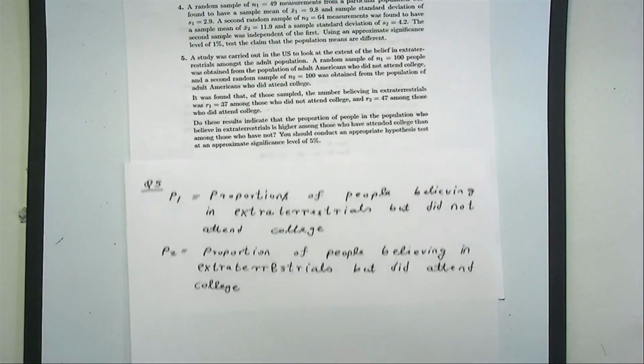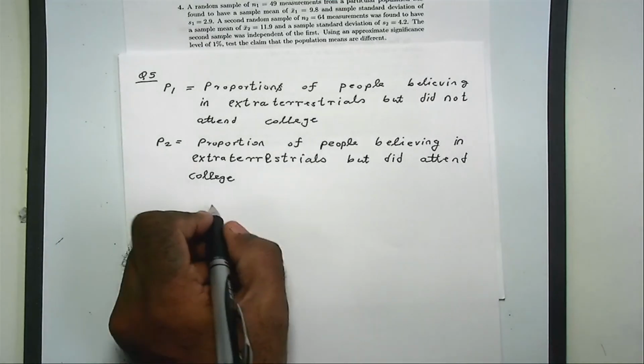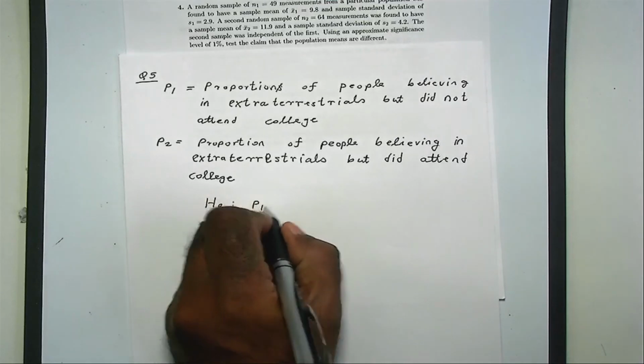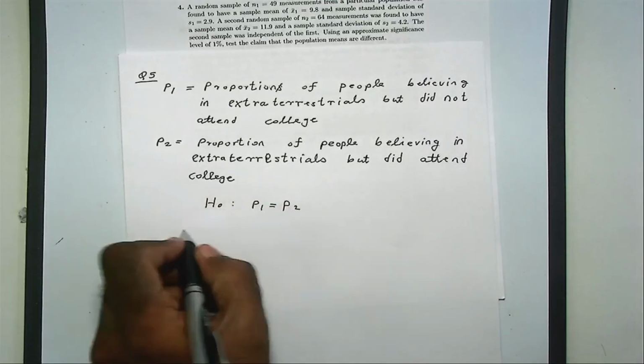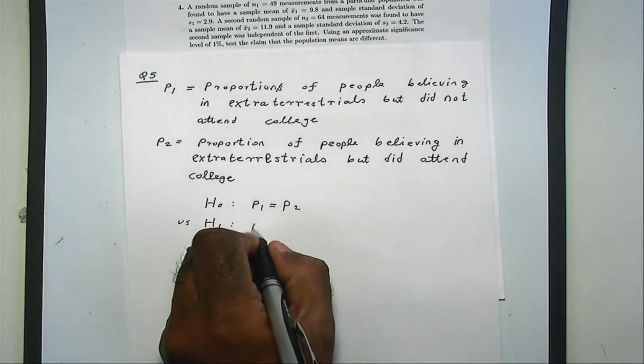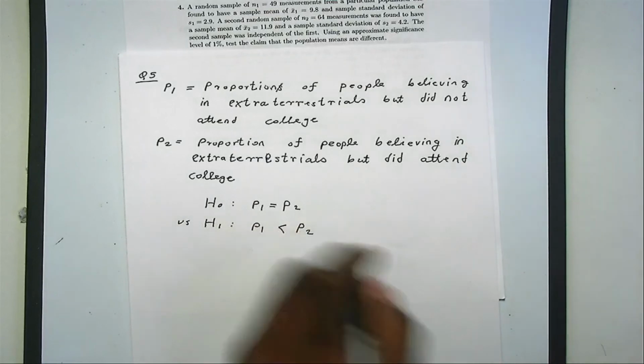If you read the full question, what we are trying to test is the following hypothesis. The null hypothesis is that the two proportions are equal. And the alternative hypothesis is that the first proportion is less than the second proportion.